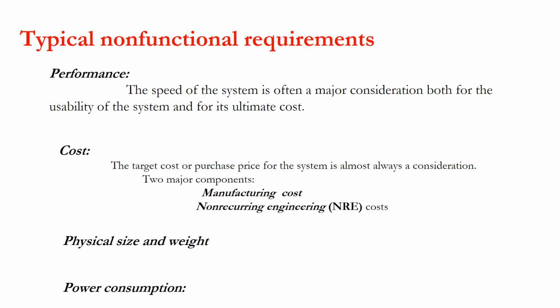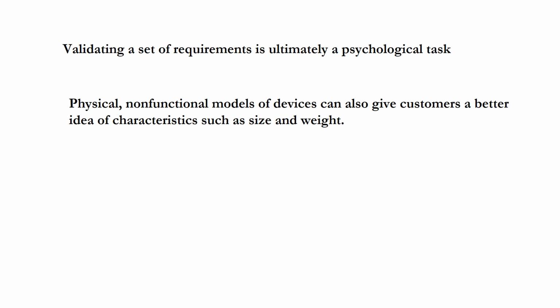Finally, the power consumption. Power is important in battery-powered systems, and it is often important in other applications as well. The power can be specified at the requirement stage in terms of battery life. The customer is unlikely to be able to describe the allowable voltage. So these are some of the non-functional requirements.